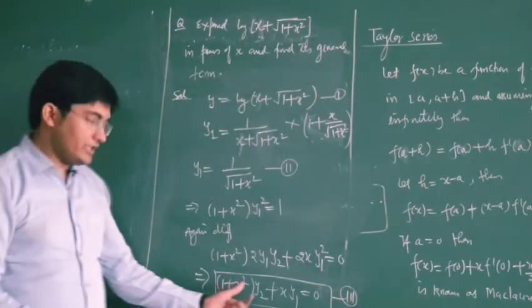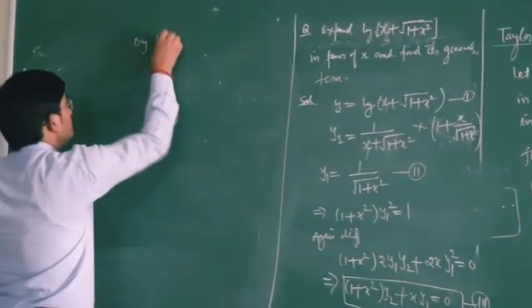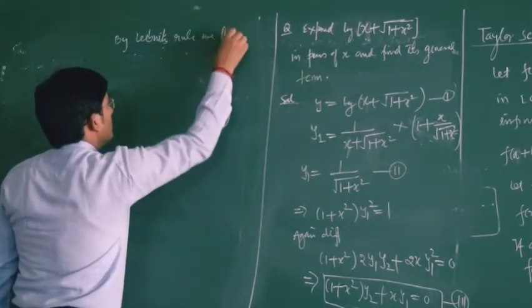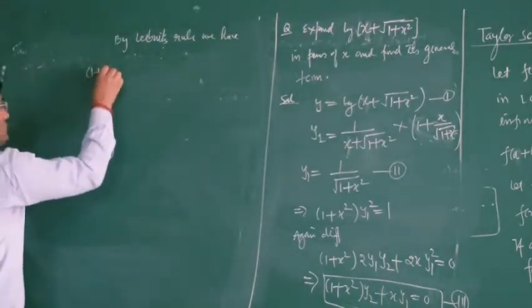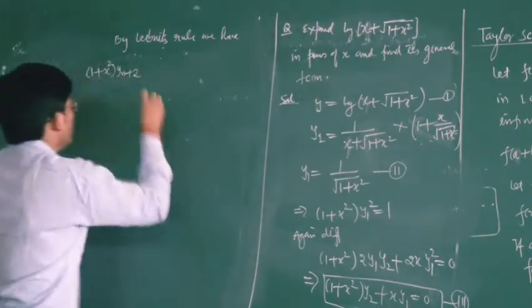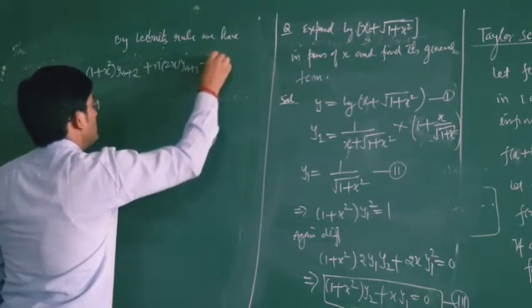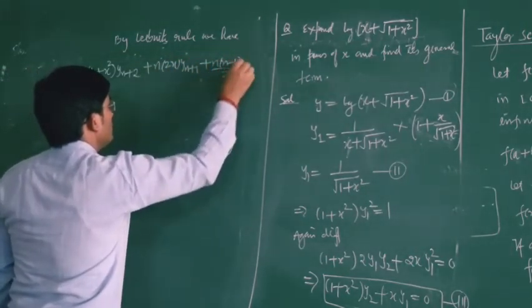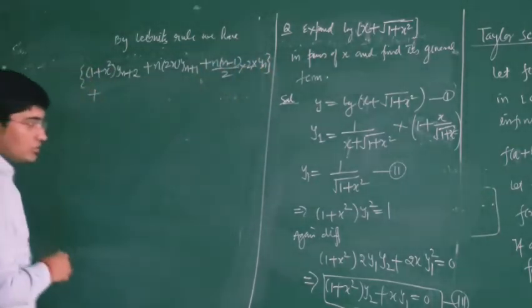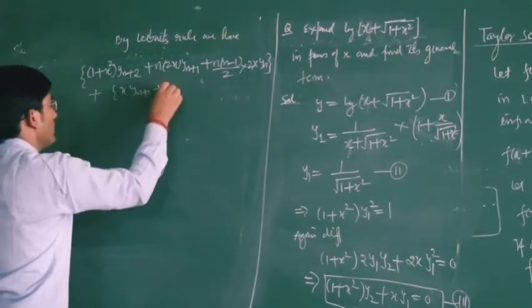Now let us apply the Leibniz rule of differentiation. By Leibniz rule, I am writing it directly, so we will have 1 plus x square yn plus 2, then the next term will be n into 2x into yn plus 1, then we will have n into n minus 1 upon 2 into 2 into yn, then the next term will be x into yn plus 1 plus n into yn equal to 0.